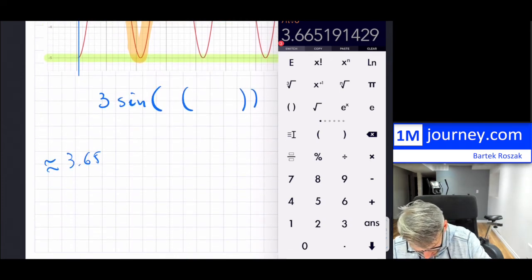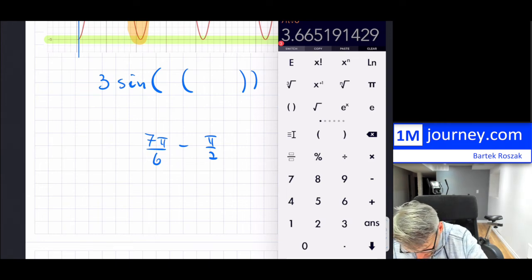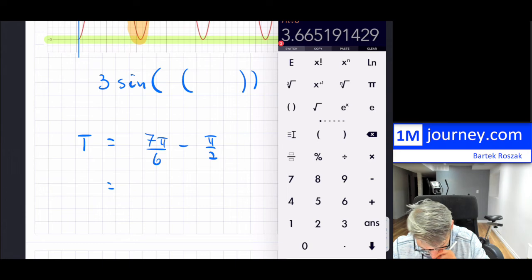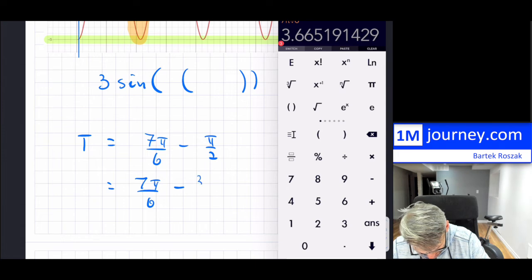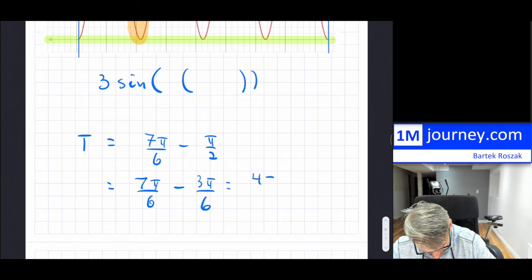So the period is 7 pi over 6 minus pi over 2, right? That's 7 pi over 6 minus 3 pi over 6, which is 4 pi over 6, which is 2 pi over 3.